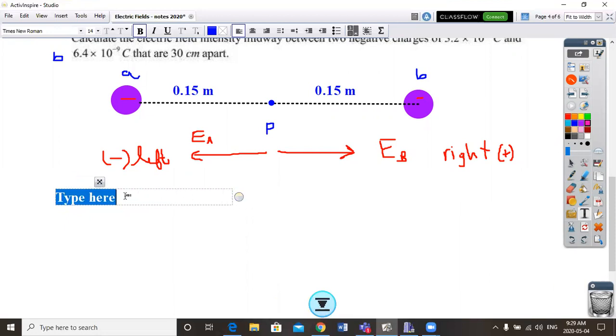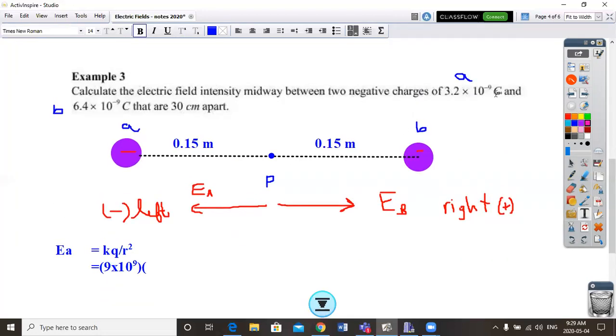So EA will equal kQ divided by r squared. That's going to equal 9 times 10 to the power of 9, as you already know, times QA.